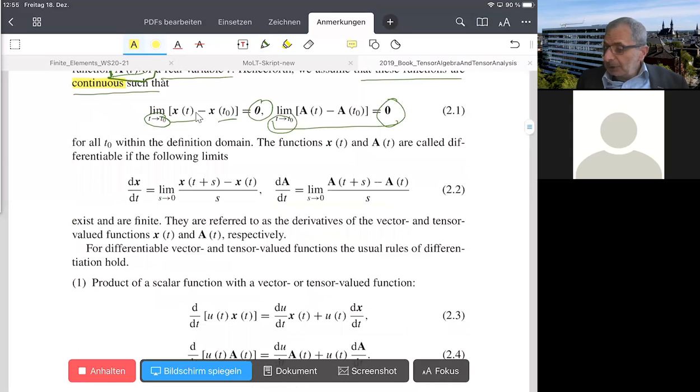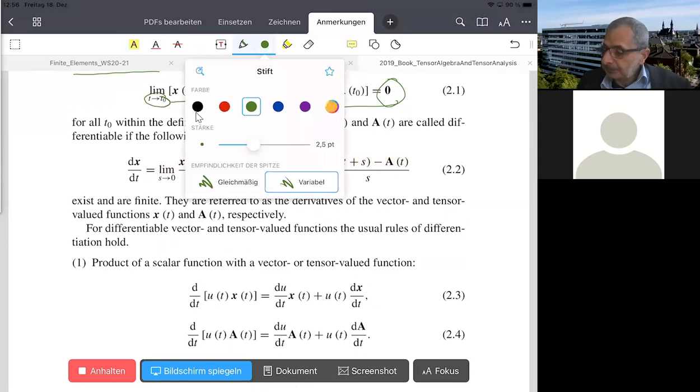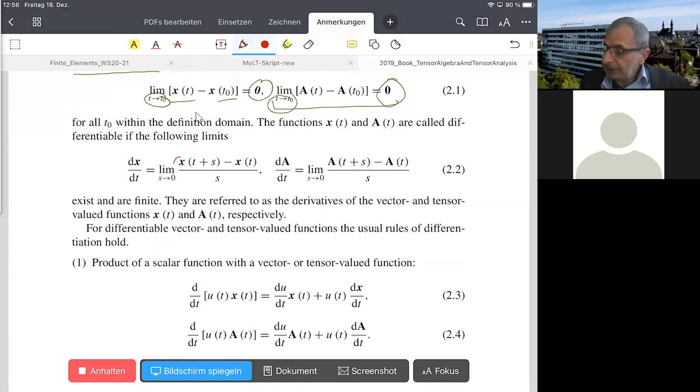Okay, the next important point: we also need differentiability. This function should be differentiable. How to define the derivative? Look, it is the classical definition of the derivative, only instead of scalar values we have vectors. For a vector, we take this function x and add some increment s to the argument.